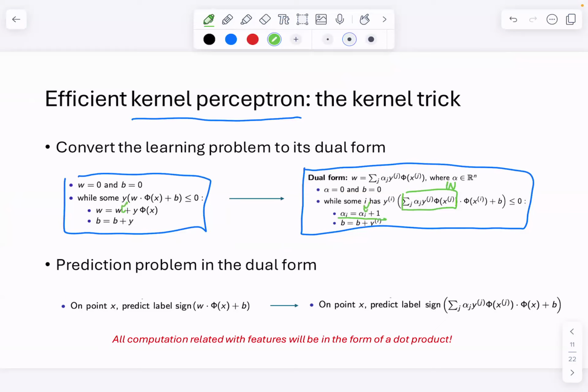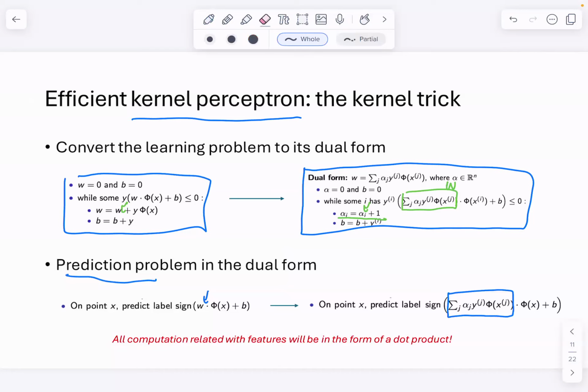Then this is how you learn the new weight. We can also convert the prediction problem to a dual form. Here it is a little bit simpler. Basically, you just replace the weight here with its expression in the dual form, the linear weighting of the features multiplied by the labels.